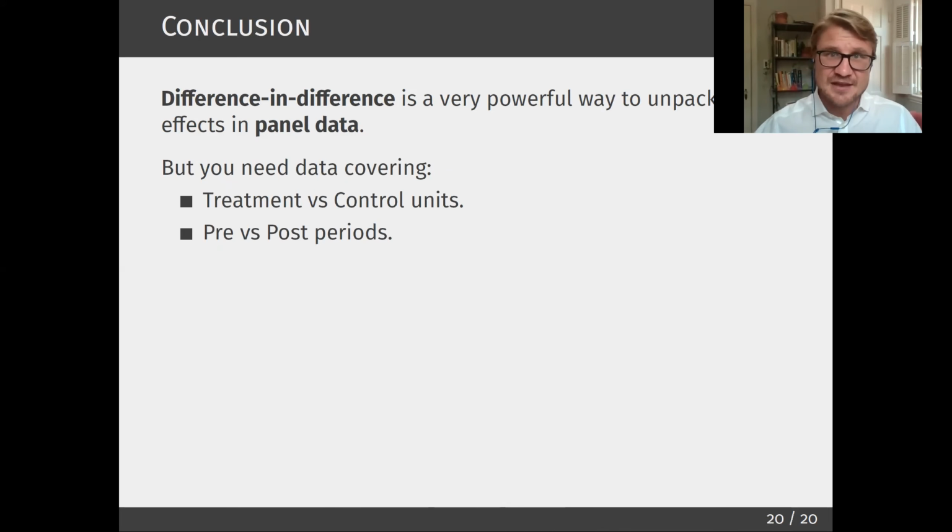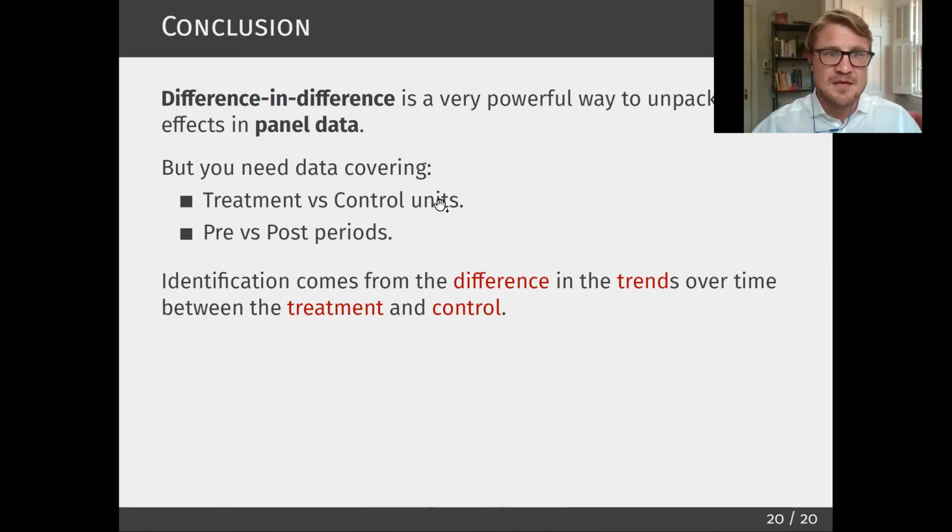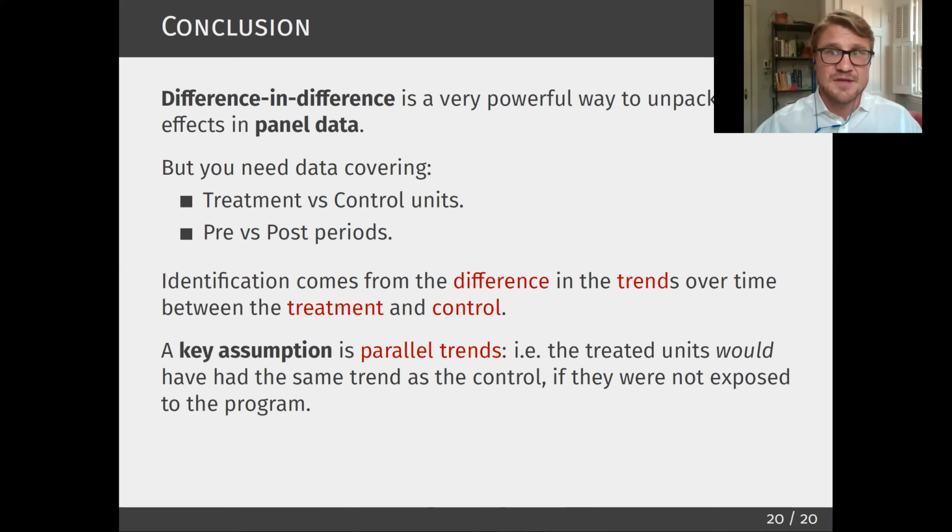And in addition to that, you need data on those same individuals before and after the treatment took place. And the identification, the causal inference, comes from the difference in the trends over time between the treated and the control group. The key assumption here is called the parallel trends or common trends assumption.